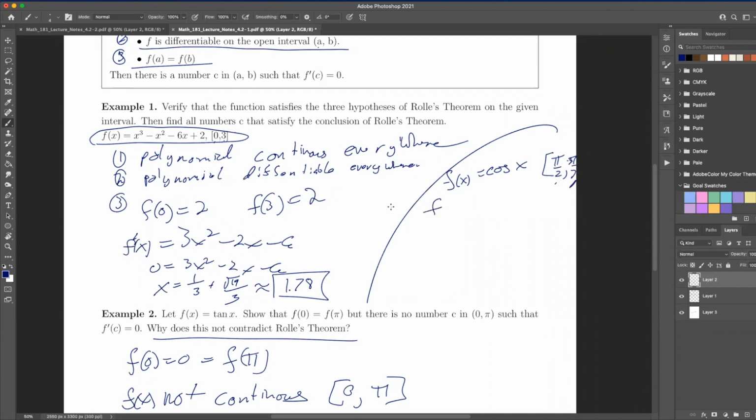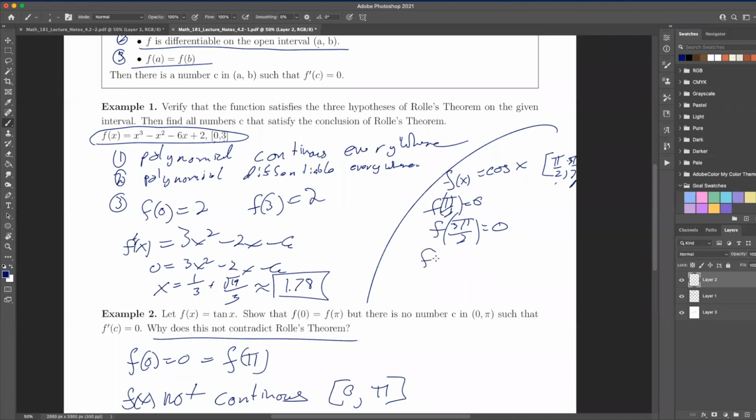Because f of pi over 2 is 0. f of 3 pi over 2 is 0. And so here we satisfy Rolle's theorem. Cosine and sine are infinitely differentiable and they're continuous everywhere. And so we have that.